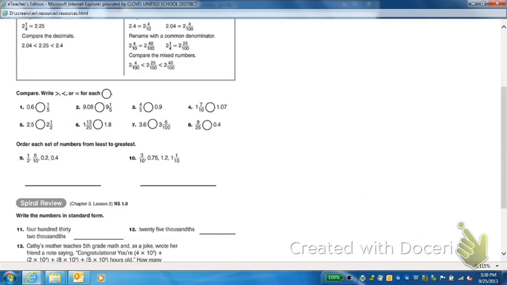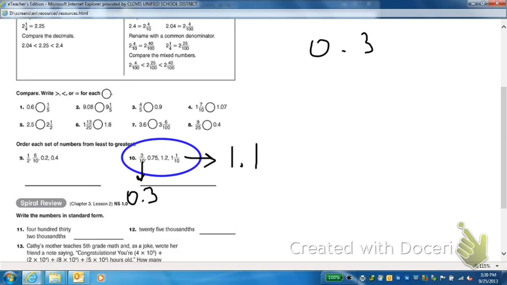Let's take a look at number 10. This one has 4 numbers, and they want you to put them in order from least to greatest. 2 are already decimals, so we just have to change the other 2 fractions to decimals. So the first one is 3/10. That's just going to be 0.3, and 1 1/10 is just going to be 1.1. So I have 0.3, 0.75, 1.2, and 1.1.